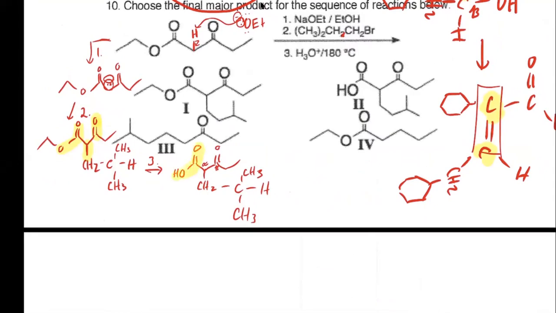This carboxyl group is going to leave, float away, and be replaced with a hydrogen. So in our answer choice, we want the one that looks like this, but with that carboxyl group replaced with a hydrogen.